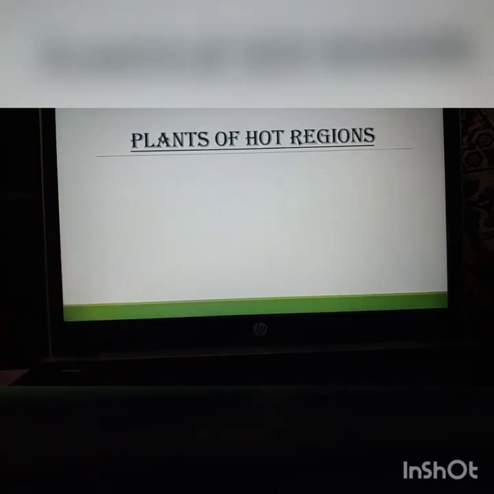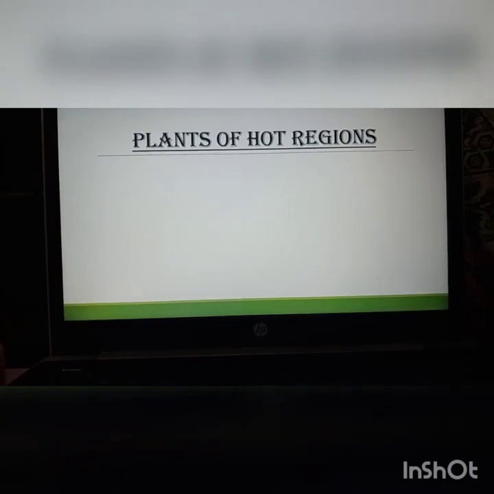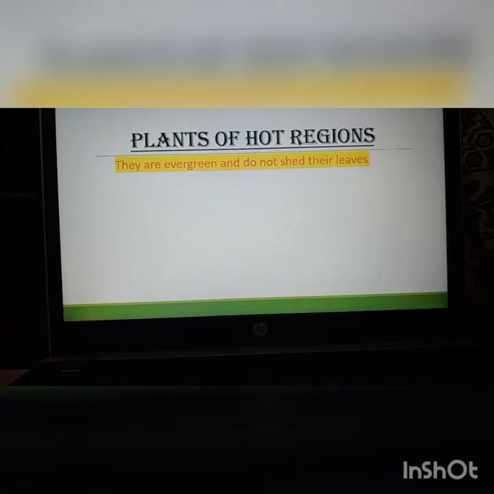Mostly they are the coastal regions in India, like Goa, Kerala, Mumbai, Chennai, Tamil Nadu. They are the hot and humid regions.